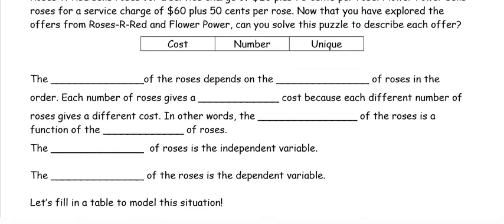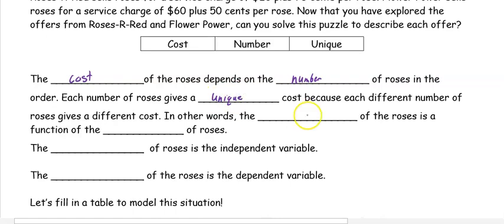So the blank of roses depends on the blank of roses in the order. Remember that we're going to have cost as a dependent variable. So the cost of roses depends on the number of roses that you order. Each number of roses is going to give us a unique cost, because each different number of roses gives a different cost.